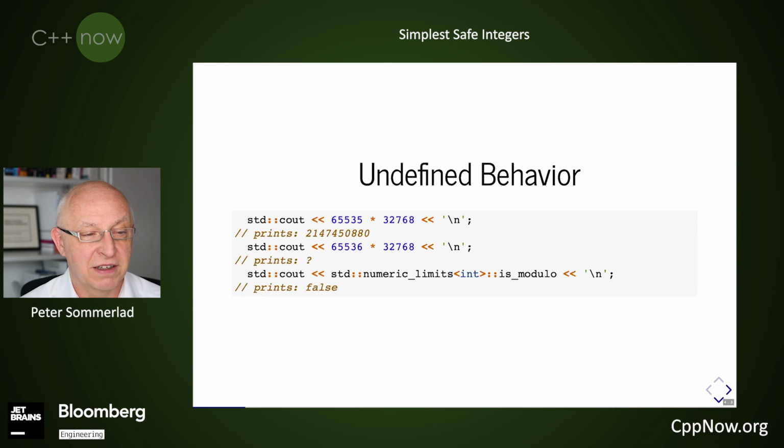So if you look at this example, if you multiply 65,000 something by 32,000 something, that gives us a very large integer. And if you're on a 32-bit machine, that prints nicely the number I'm giving here. But what if we actually go to 65K times 32K, and what will that print?